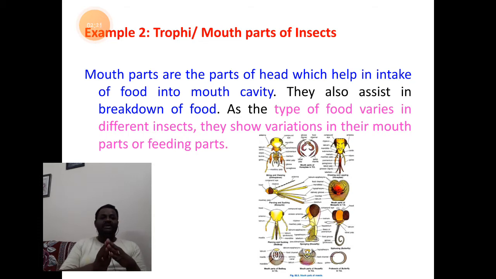Mouthparts generally refers to the parts of the head that assist in the process of intake of food into the mouth cavity.